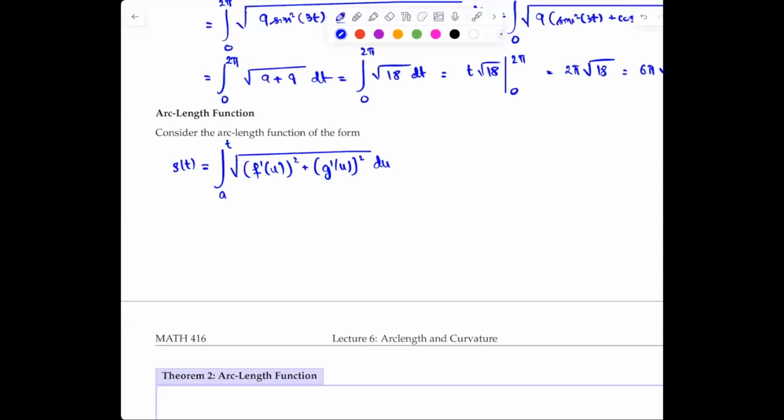You're okay with that? Okay. So now instead of writing this square root, I can substitute the length of the tangent vector.